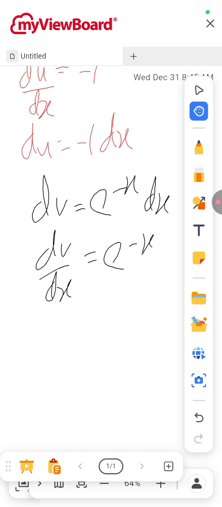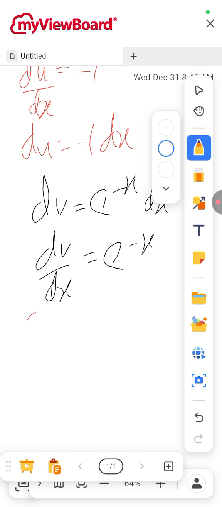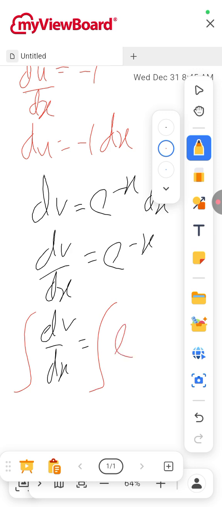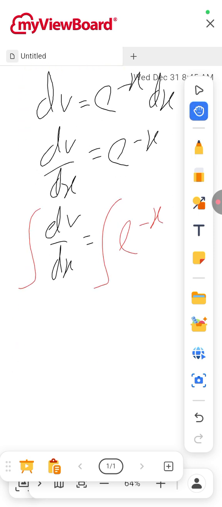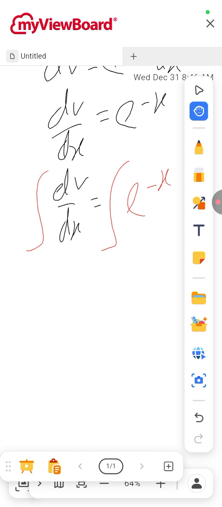Okay, now integrate this time around. That's why I said the one that is easily integrated. So this time around you will integrate to get your v. So integrate both sides, integrating dv dx equals integrating e raised power minus x. If you integrate dv dx, you will get v.